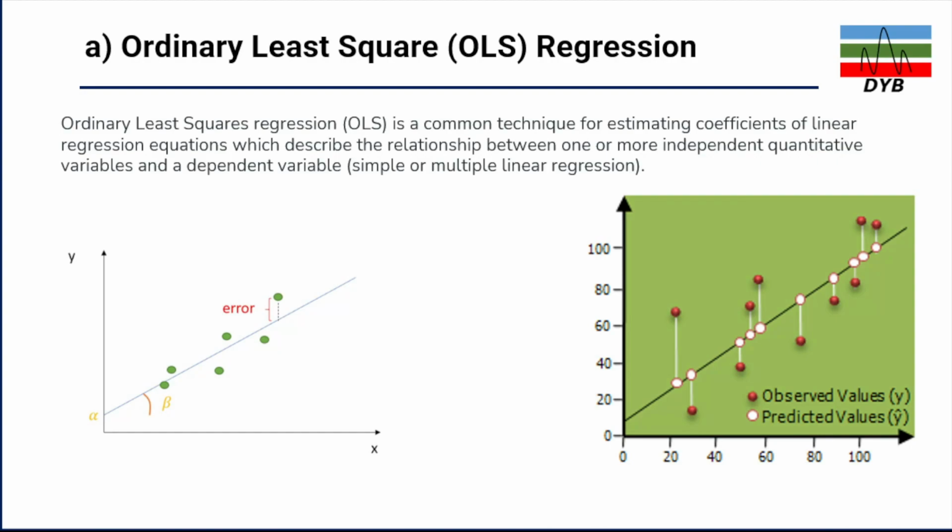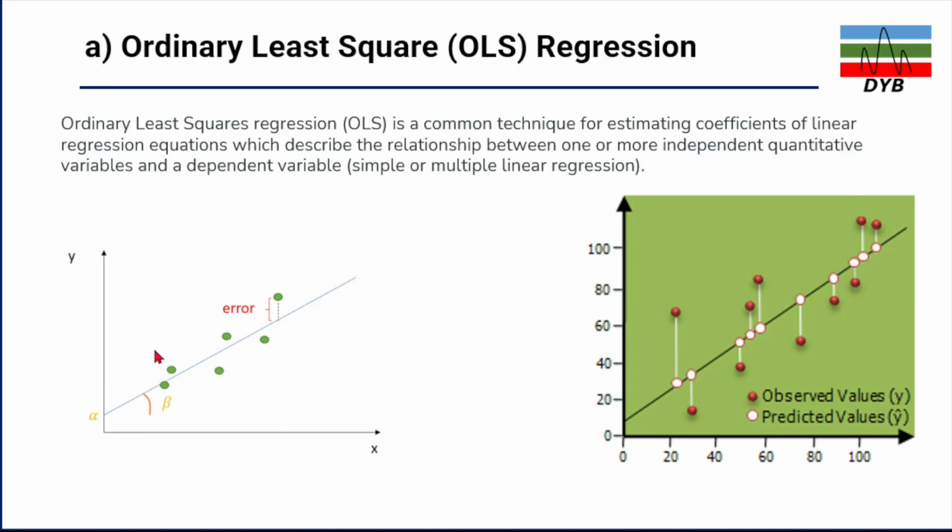Ordinary least squares regression is a very popular technique for estimating the coefficients of the linear regression equation, which describes the relation between one or more independent variables and the dependent variable. You also need to calculate the difference between these things.